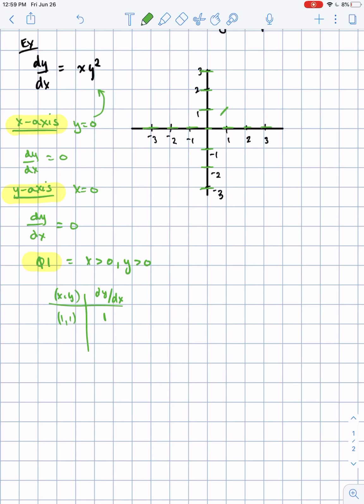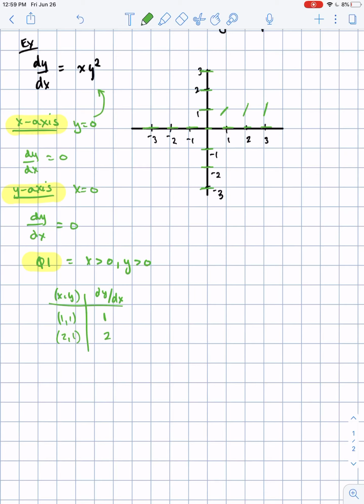And then you could continue on, right? So if it's 2, 1, our slope would be 2, so you want to make it a little steeper. Maybe not that steep. That looks too steep. But maybe like that. And you could continue this on. So 3, 1 would have an even steeper slope, something like that. And then this would continue.